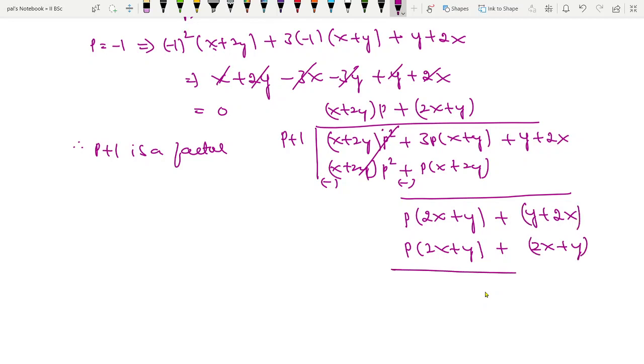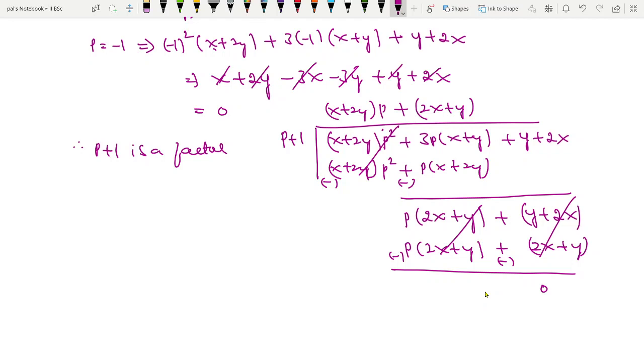Okay, change the sign, this cancels, you can cancel the same factors there. This is also 2x plus y, this is 2x plus y, so 2x plus y cancels, so the remainder is 0. So when we are dividing this with p plus 1, we are getting x plus 2y into p plus 2x plus y.